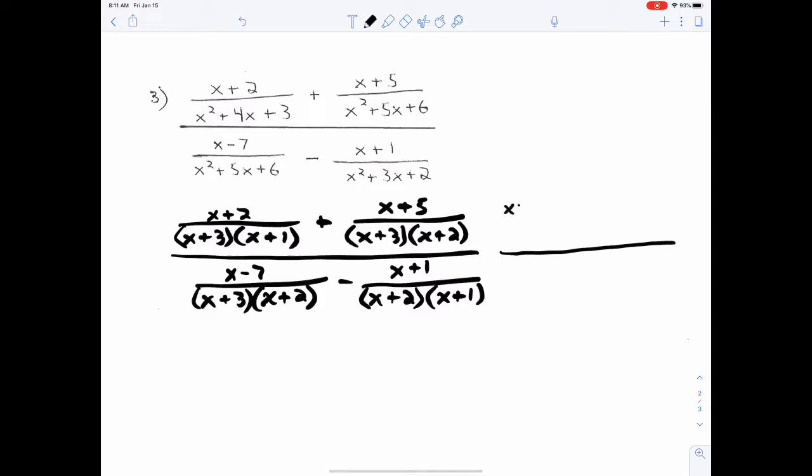It's obviously going to take a lot more writing than the last one. Okay, we have an x plus 1. I'm just finding the common denominator here. The x plus 3 we've already got. We've got an x plus 2.